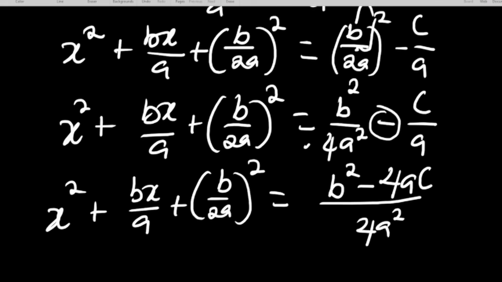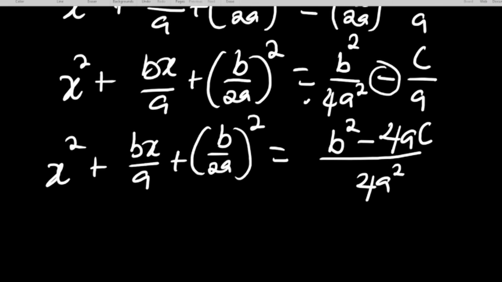Now, having gotten to this point, let's work on the left-hand side. Here are things that you must do. Pick the x term, you write it down. So we have x. Ignore whatever you have at the center. Now, go to the last term, pick the sign, and then you have plus b over 2a, and then you square.